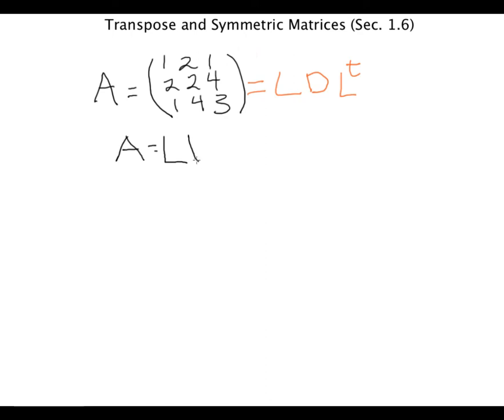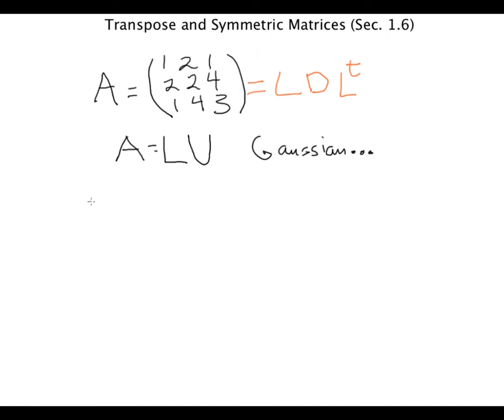That's part of the way there. And you do this by the Gaussian elimination process. Maybe I'll pause here and let you do that on your own. So why don't you compute the LU decomposition of this matrix, and when you're done, start the video again and see what you get.